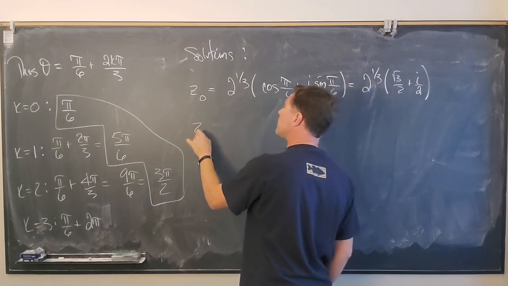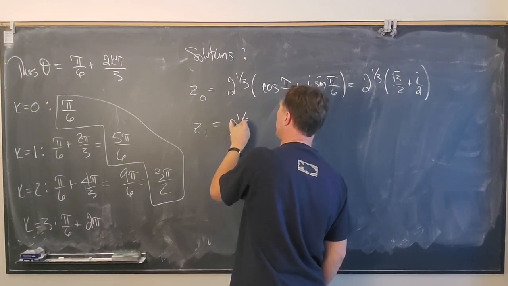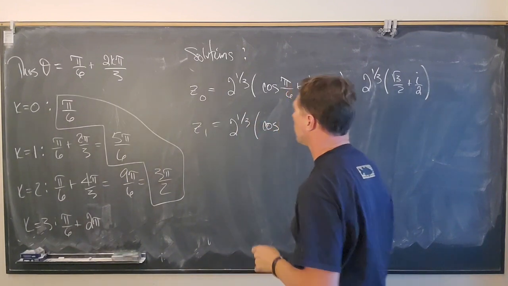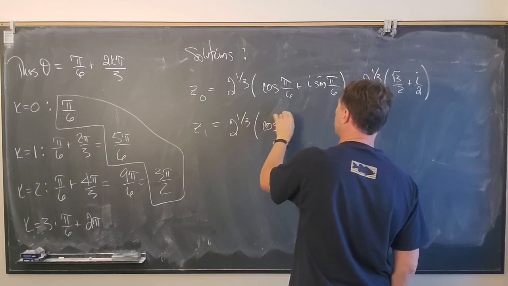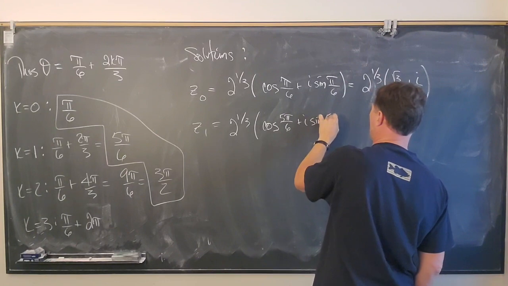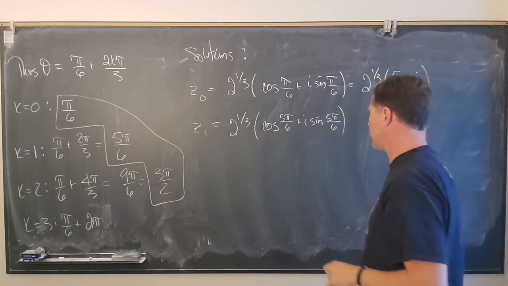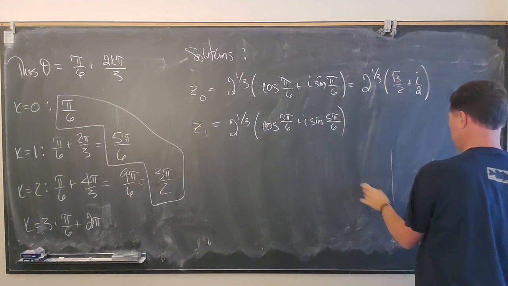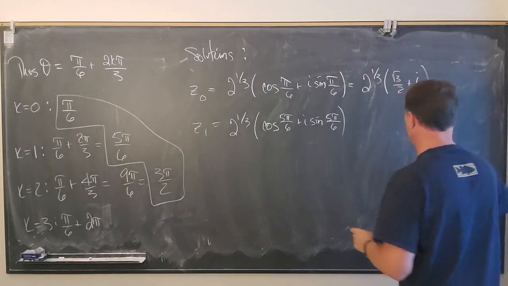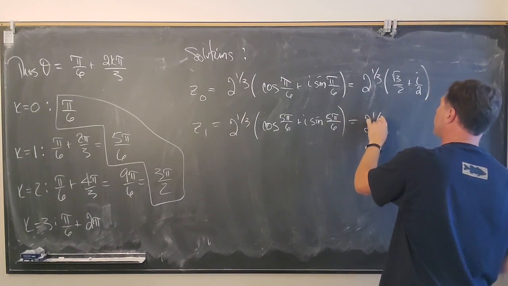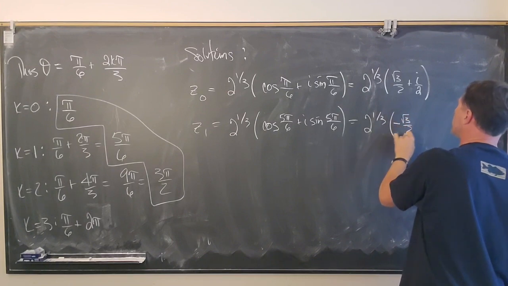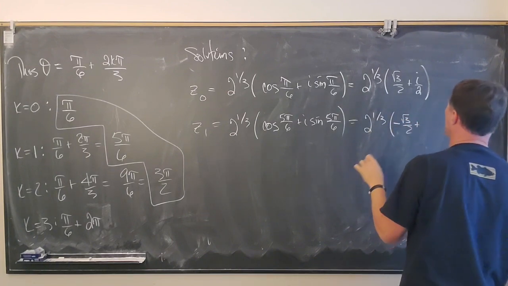Our next solution, Z1, is 2 to the 1/3 times cosine 5 pi over 6 plus i sine 5 pi over 6, which is 2 to the 1/3 times negative root 3 over 2 plus i over 2.